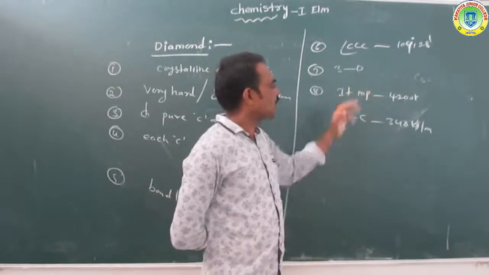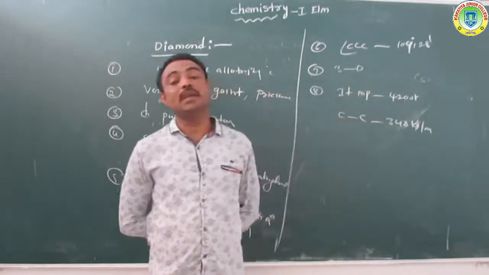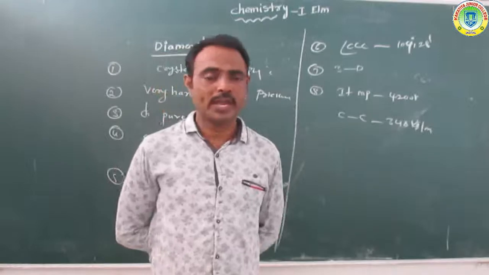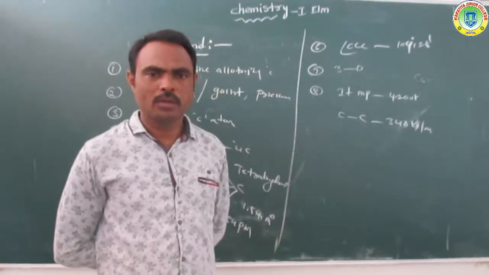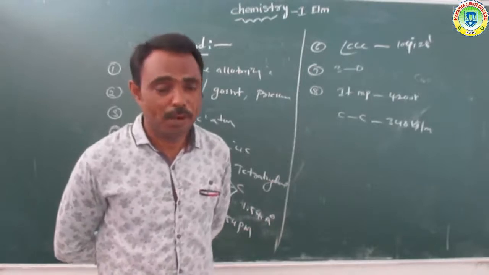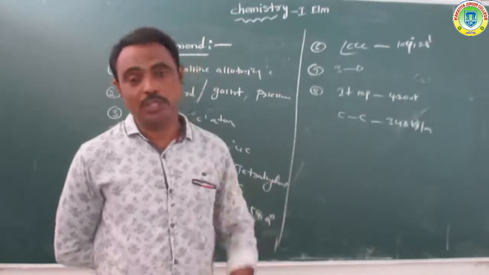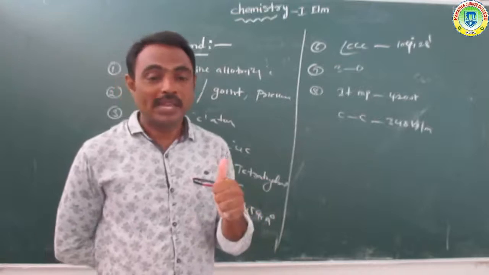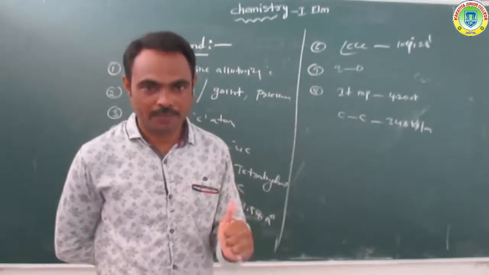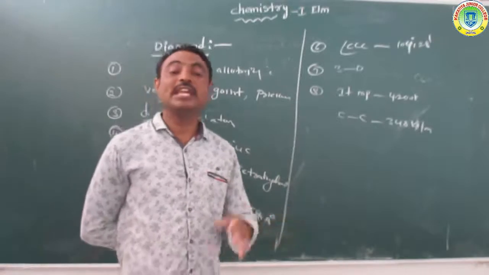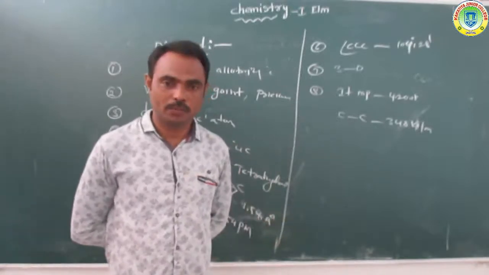At the same time, it has a very high melting point value. Okay, already we know that it is a covalent compound and it has a very high melting point value. It is a very important question: diamond has a very high melting point value. Why? Yes, it has a very high melting point value.